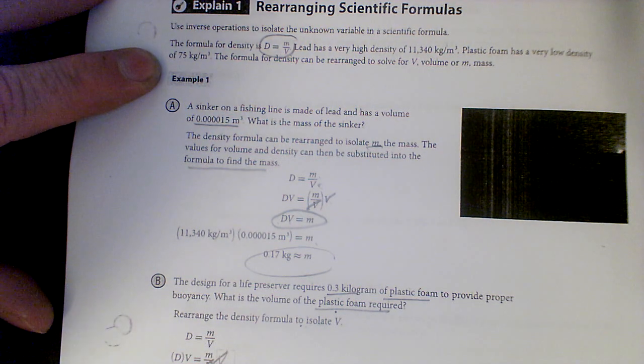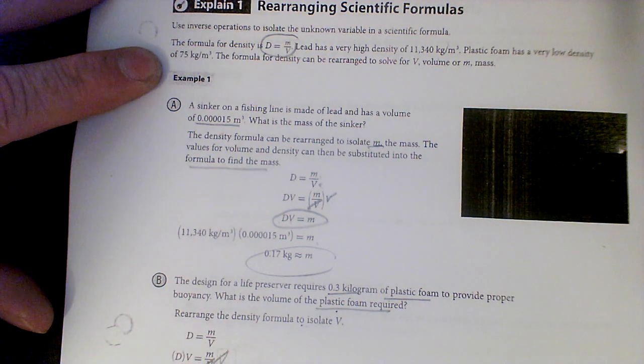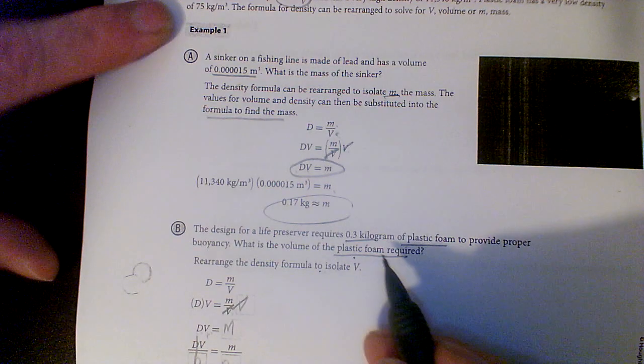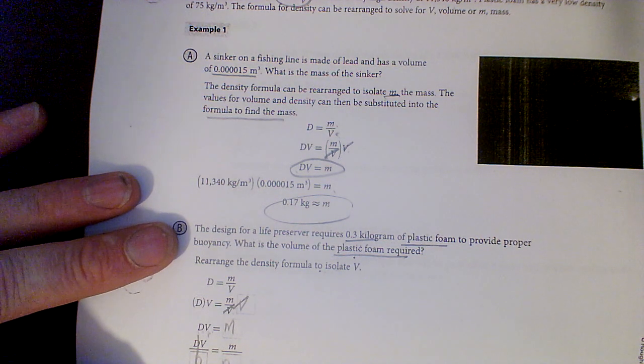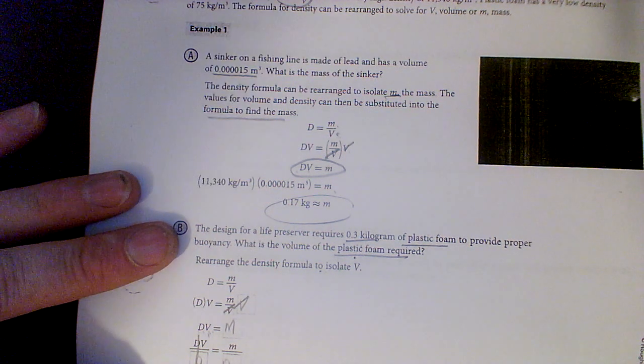The density of that, which goes on the bottom, is 75 kilograms per cubic meter. And it looks like we've got 0.03 right there. And honestly, I'm going to leave it like that because I don't have a calculator on me. So, try to solve.